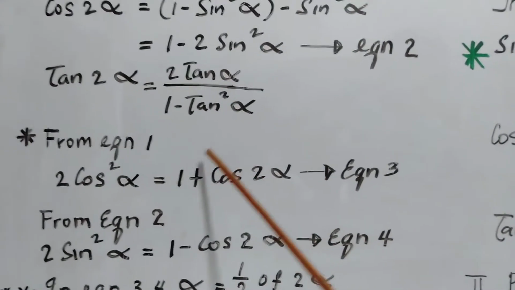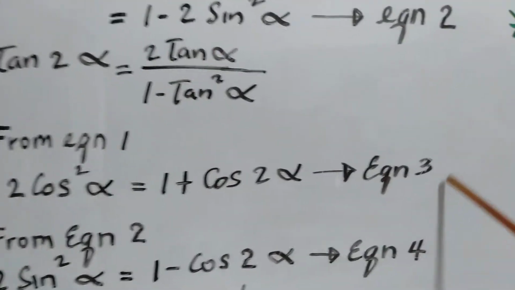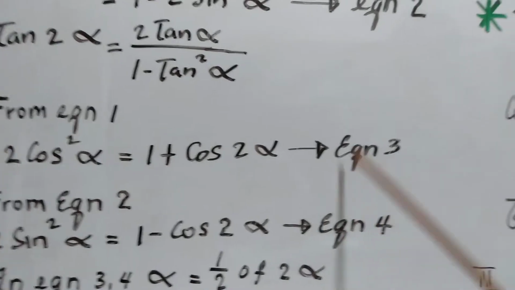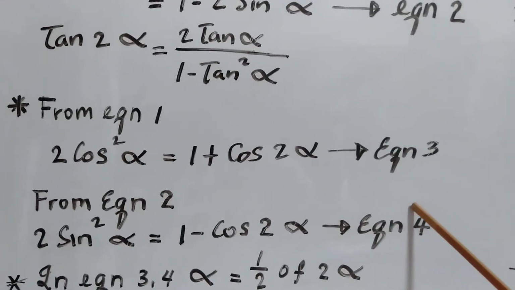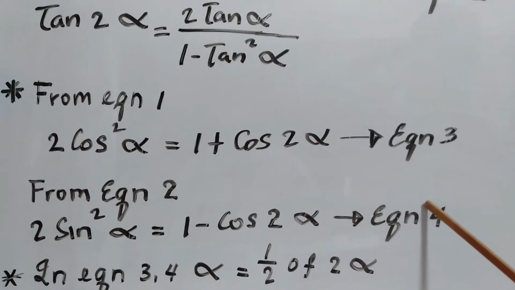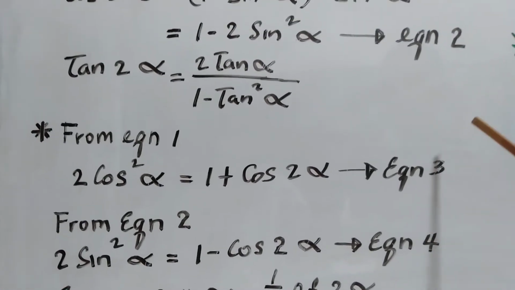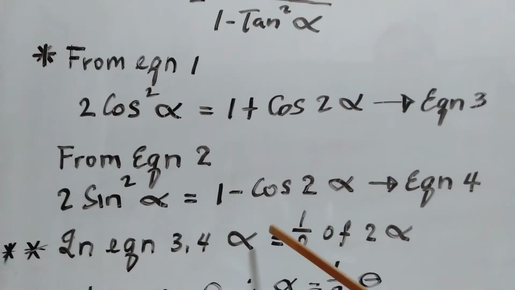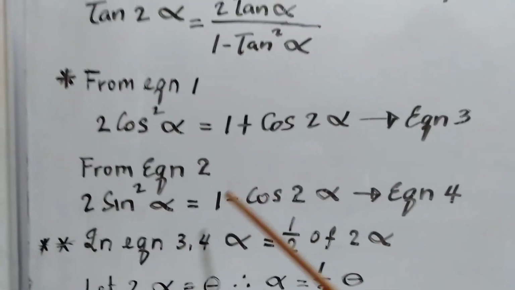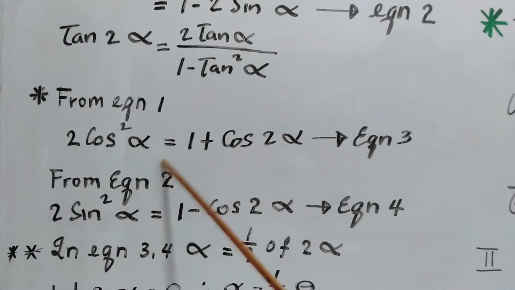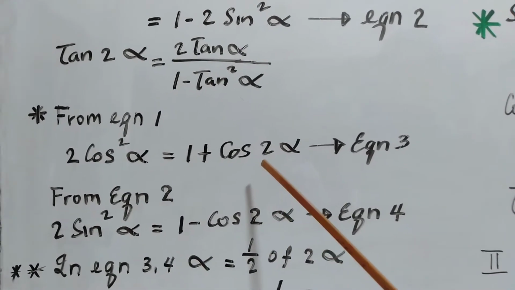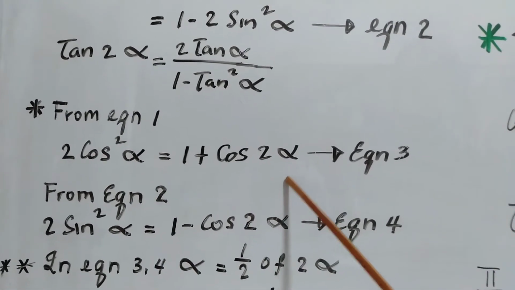And we now have two equations, 3 and 4, from equations 1 and 2. In equations 3 and 4, if you will notice, this 2 alpha is twice this alpha.